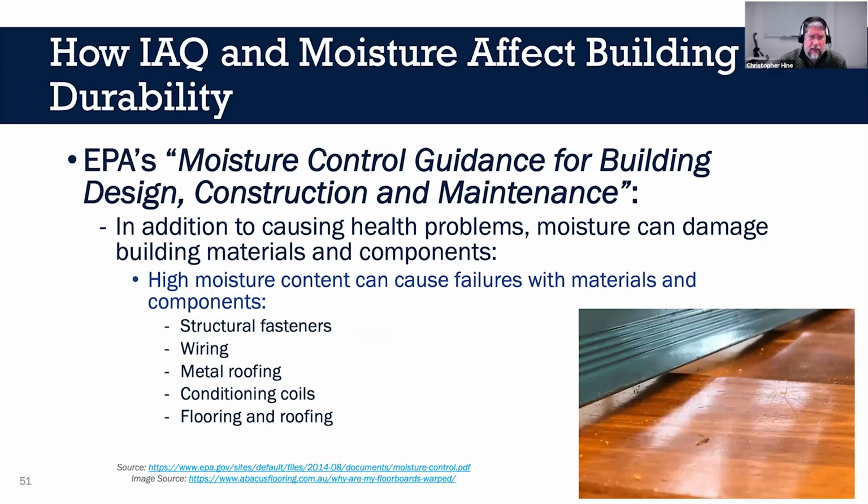Continuing on that same document, it also says high moisture content can cause failures with materials and components. Remember earlier I did mention the hardwood flooring having defined maximum relative humidity for not just the area in which the product is installed, but also the area that is adjacent to it, which would be the basement.